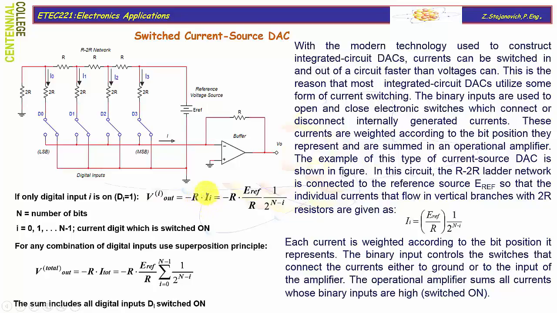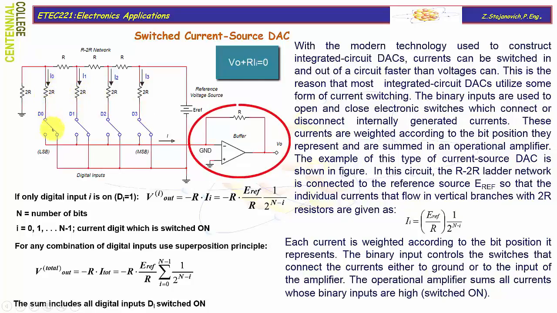Now you might ask yourself, how did we derive that? It's actually very simple. This current I collects all currents in vertical branches if the switch is turned on. This current cannot flow into a buffer due to its high impedance, so it will flow through resistor R.